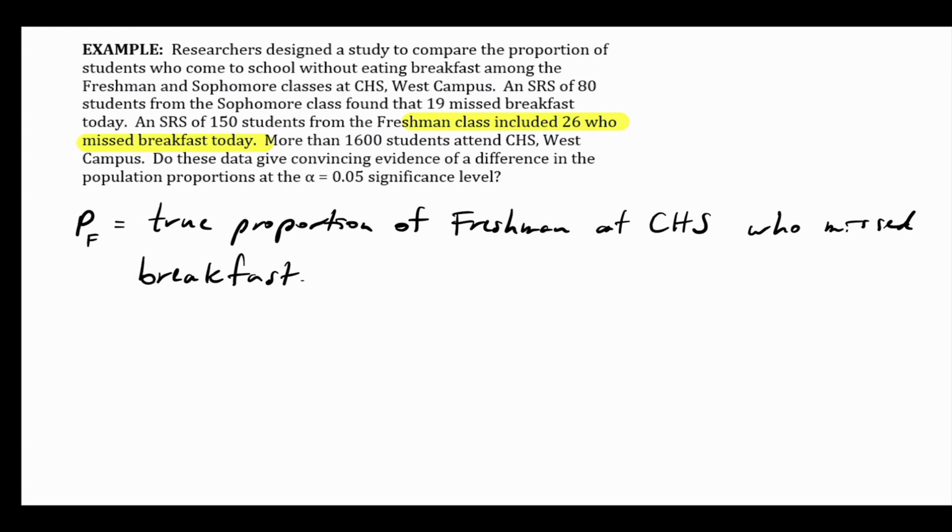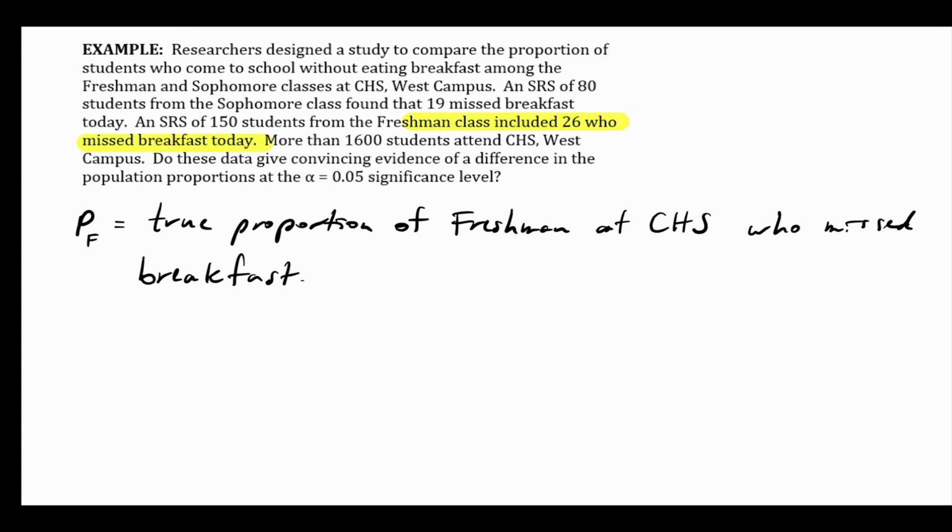That's what that would tell us, right? Do we have a sample from that? That's the true proportion. I don't have that number. I don't have the true proportion of all freshmen who missed breakfast.